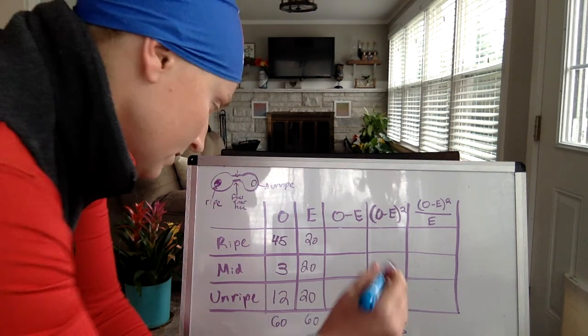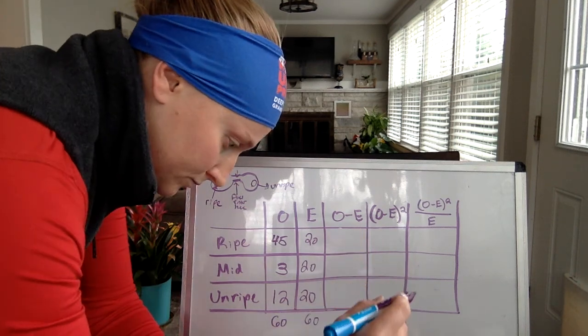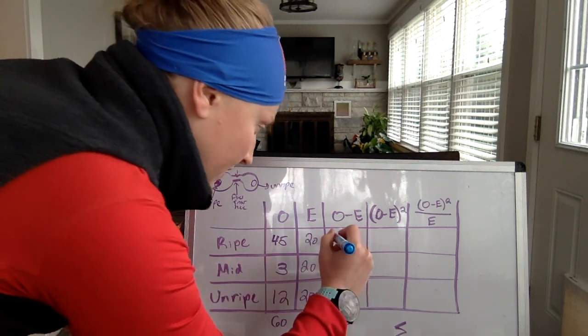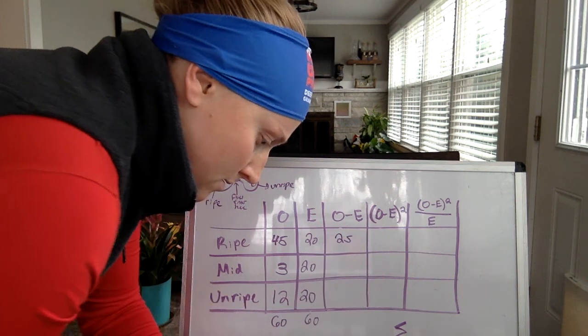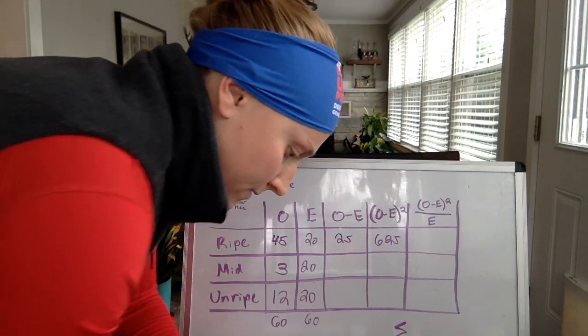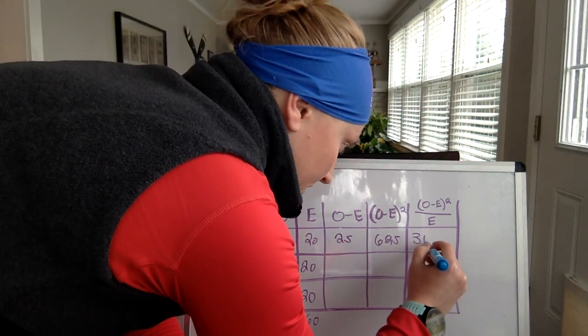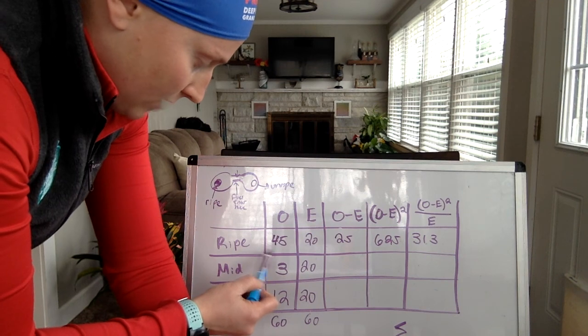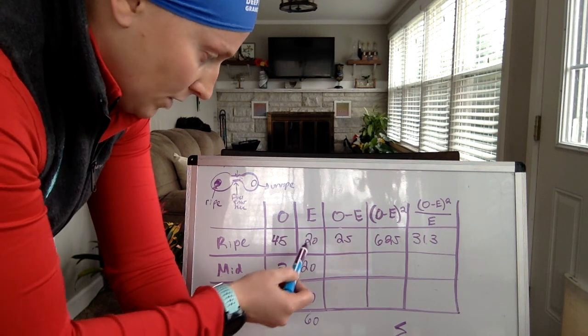So here's our big difference: I have 25 and 625, and there's our big difference there. That comes from a larger difference in the ripe between the observed and expected.